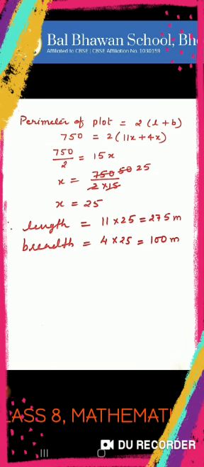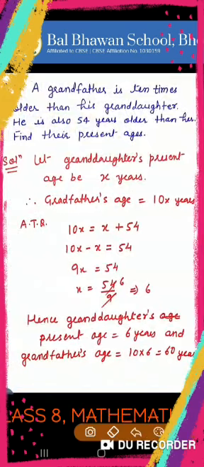Let's see the next question. Our next question is: a grandfather is 10 times older than his granddaughter. This is the relationship between the age of grandfather and granddaughter. Then the question says he is also 54 years older than her, so the relation is given in two ways.